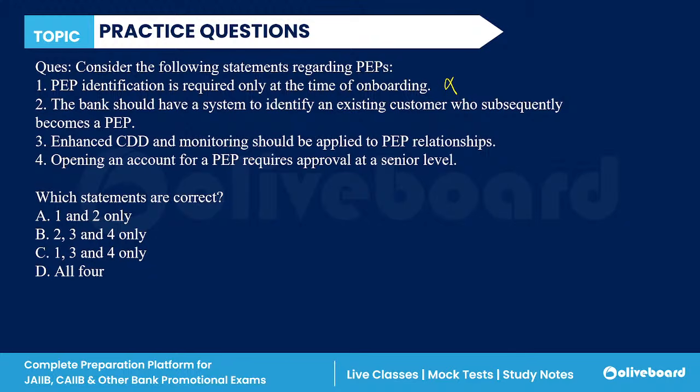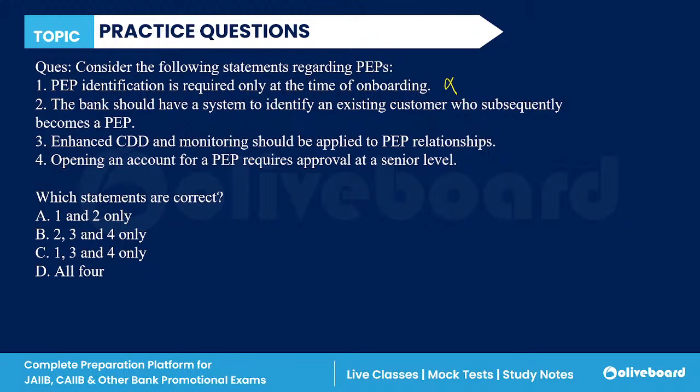You have to continuously monitor a politically exposed person. It is not only required at the time of onboarding. You have to actually check it. If there is an existing customer and that person becomes a politically exposed person, you have to make sure that the bank identifies that PEP.